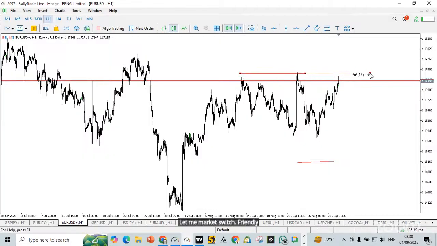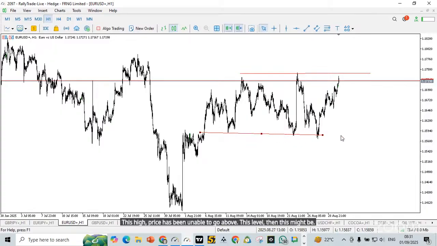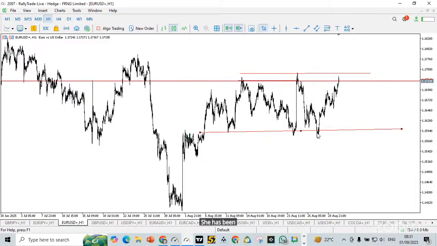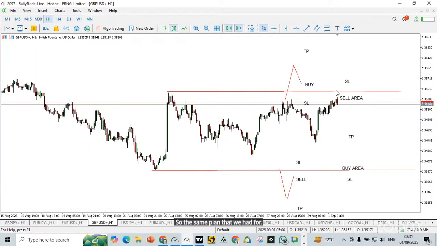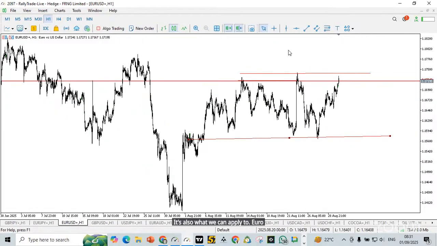Yeah, so this high, price has been unable to go above this level. Then this will now be our support. See, it has been dancing around this level for a while now. So the same plan that we had for British pound USD is also what we can apply to Euro USD. Just that same exact plan.